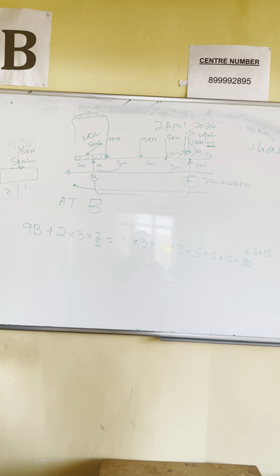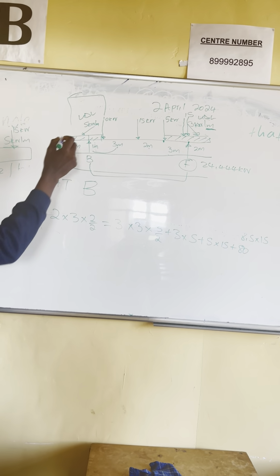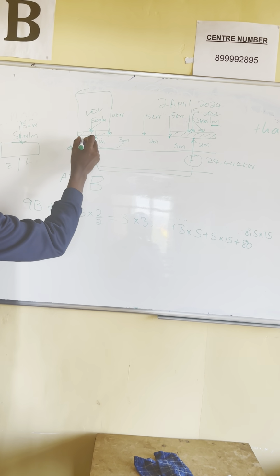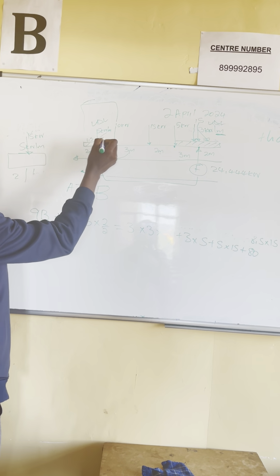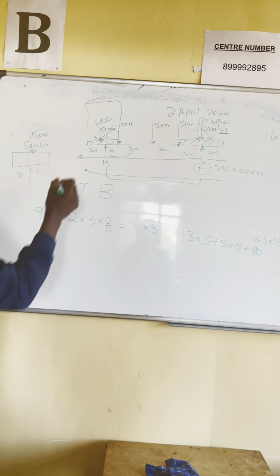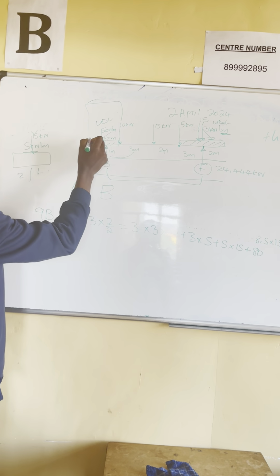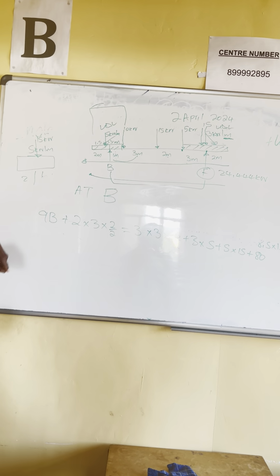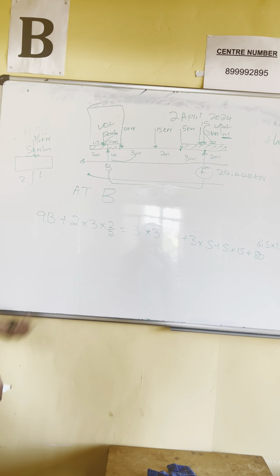And then don't forget, after having this, you put it between. It will be here, because it now becomes 1.5 meter. Whenever you put it, it shares the total distance, half of the distance, which is 3 divided by 2.